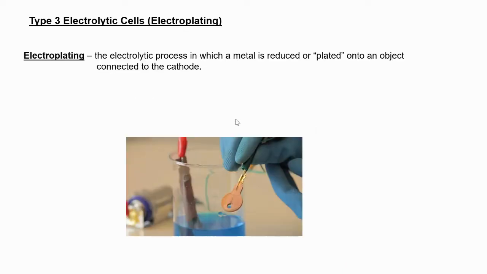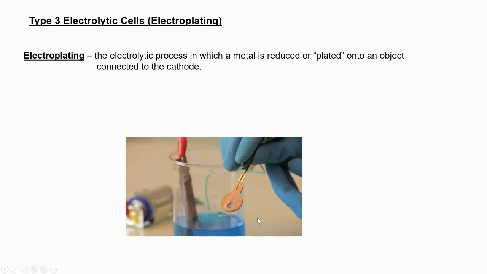So electroplating, basically when you're electroplating something, you're covering it with a metal. We do this with a lot of things, like all these shiny things all over the place, like wrenches or even faucets, door handles. These are all electroplated to have a nice shiny coated surface on them.